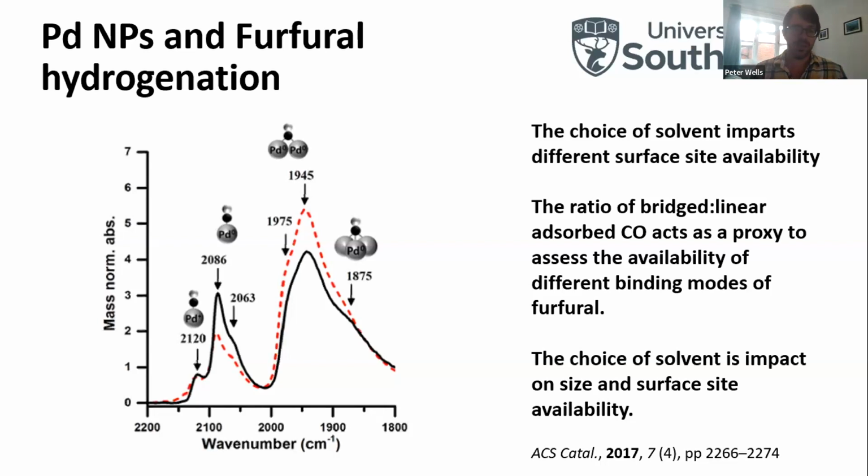But when you're looking at the water series, it's the opposite. So actually, it was the availability of these surface sites which dictated the overall selectivity of the catalyst. And we propose, or hypothesize, that by changing the choice of solvent system, it's changing the interaction between the surfactant and the metal nanoparticle.